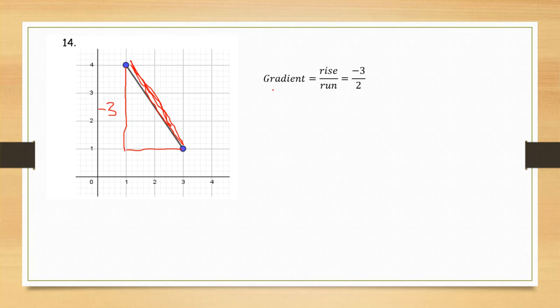So when we do the gradient, the rise over run becomes minus 3 over 2. So remember, negative goes down.